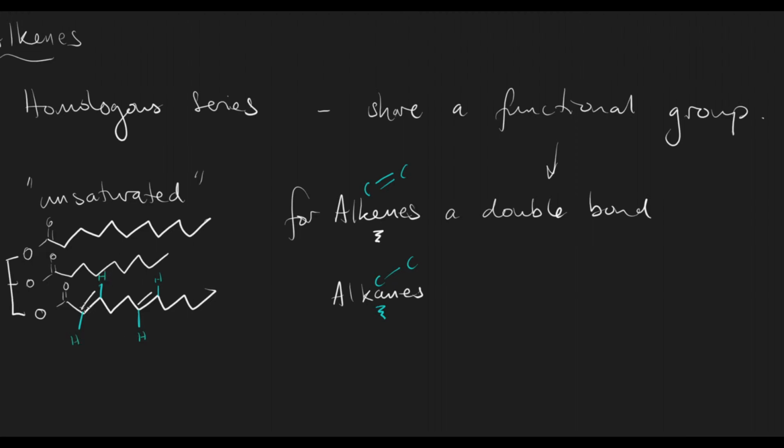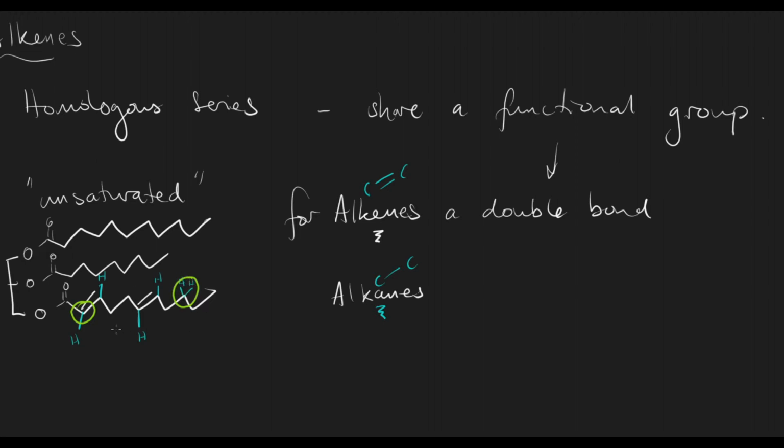And if you remember, carbon has 4 bonds around it typically, so if I look at this centre that I'm drawing in green here, that centre currently has 4 bonds, 2 from the double bond, 1 to the other carbon and 1 to the hydrogen. And if I look at this centre down here that I've now circled, this has got 2 bonds to carbon, and it's got then 2 bonds to hydrogens.